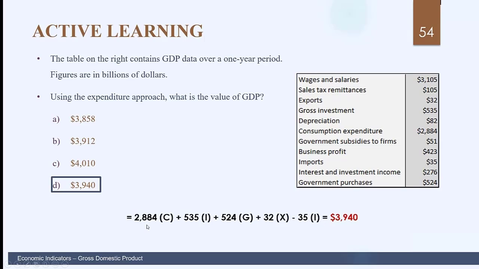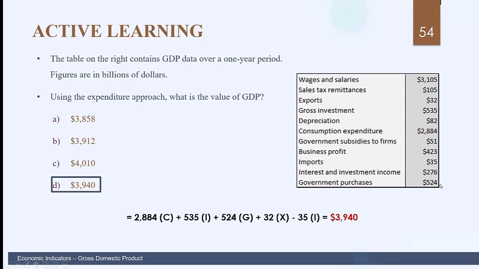So how do we calculate GDP using the expenditure approach? Well, we add consumption plus investment plus government spending plus exports minus imports. And in this question, we're told that consumption is 2,884. So that's this row of the table here. We're told gross investment is 535.